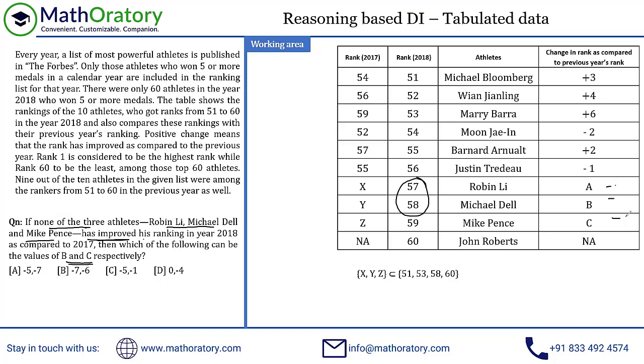Now, basically, this 51 and 53 has to be assigned to these two, right? In either order, it could be 51 here and 53 here, or it could be 53 here and 51 here. So either of these two cases are possible. Also, the 60 is something which cannot be assigned here in Z. So 51, 53 is gone.